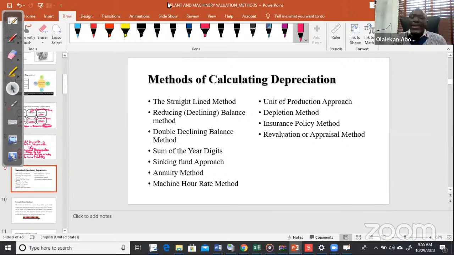Now, accrued depreciation is additive. All elements of loss in value, when you determine them, you add them one by one together. The process is just summation. If in your question there is an element of curable depreciation, you put it at a corner. There is an element of incurable depreciation, you put it at the corner.